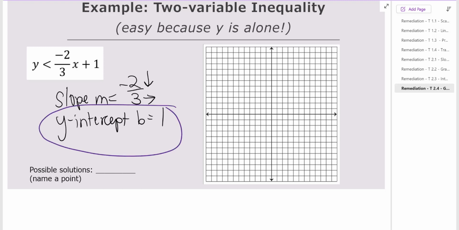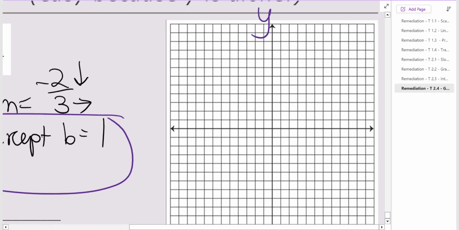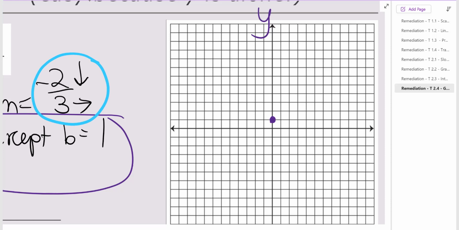El primer punto en la gráfica es el y-intercept. So this is y. So it's at +1. Okay, now use slope and go down 2, right 3. And then down 2, right 3, down 2, right 3, down 2, right 3. And then we can draw points.